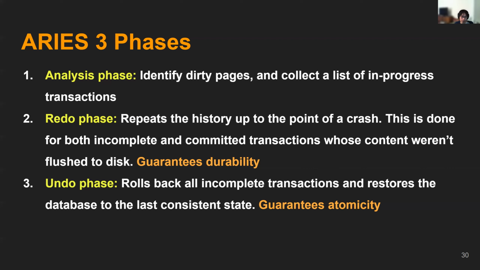The third phase, called the undo phase, is to roll back everything that has been done by uncommitted transactions and restore the database to the latest consistent state.